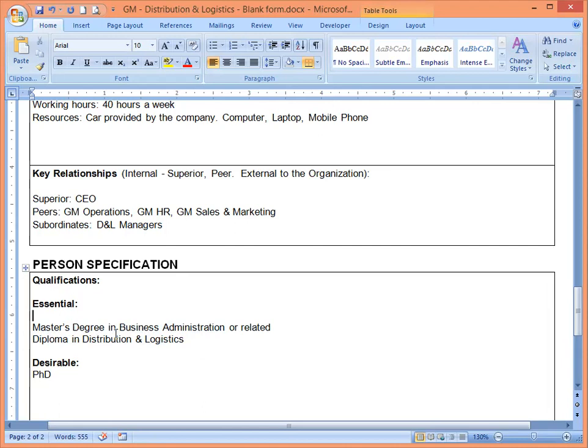So part of this is qualification and experience of the job, not the person. The Hay method is not evaluating the person or the incumbent of a position. They are always evaluating the job itself, not the person. So whatever is stated here, this would be the basis of the evaluation, the essential, not the desirable one.